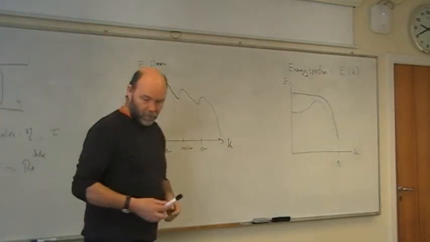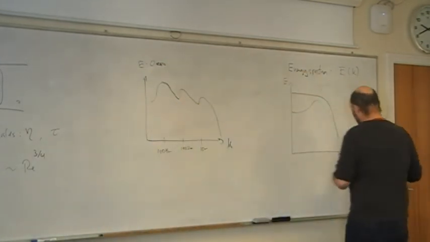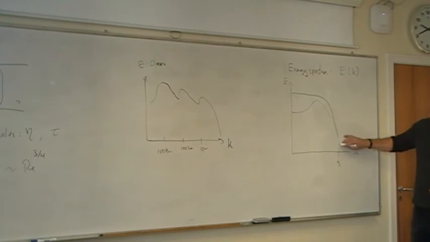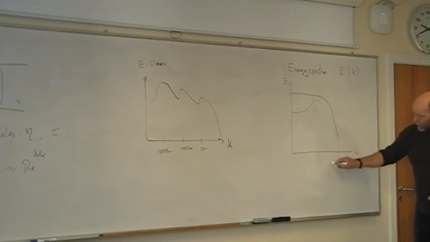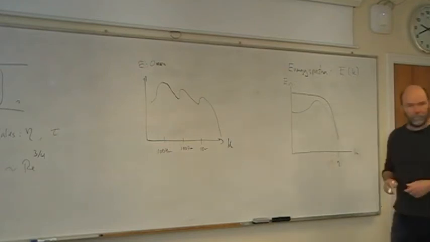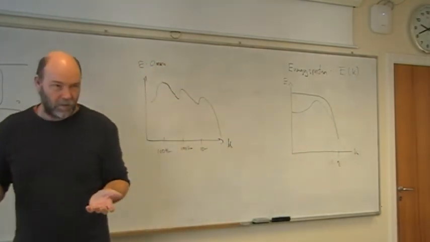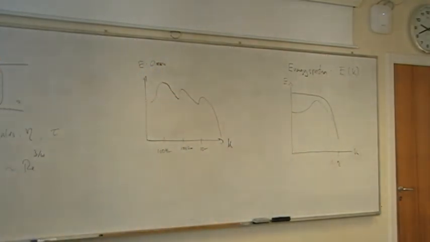But it's nice for us then that the smallest part here is really not that important. So if I take, say, 10 Kolmogorov here, and just forget about this part, they don't contain much energy, so I make a mistake, but it's not a big one. So yes, we can cheat.